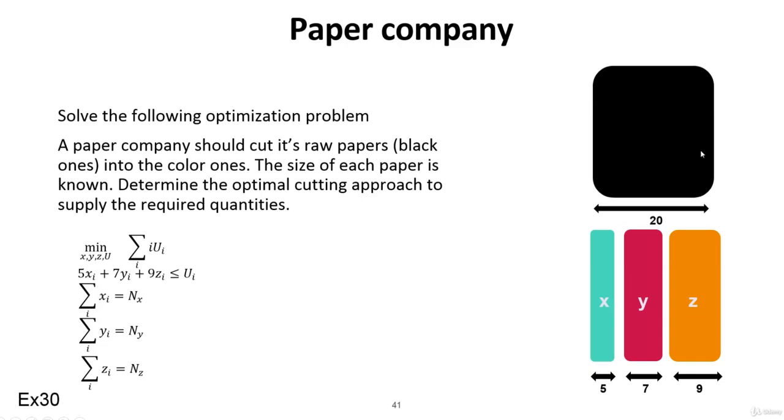And there are some parts that are lost. So how should I do that in a way that the number of big papers that I'm using is minimized?